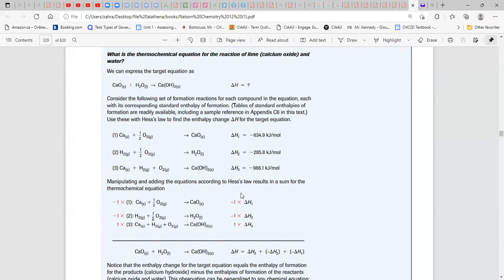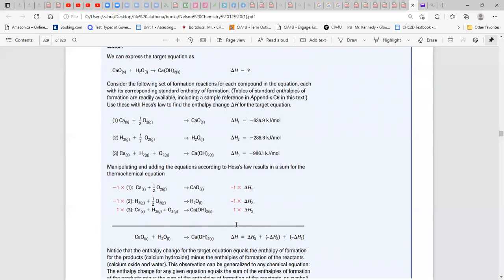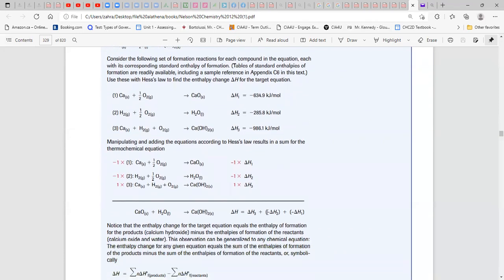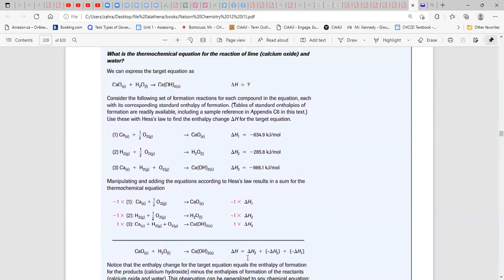Make sure when you do the change, you have to change your enthalpy here as well. Then you add them up. And see the addition is like that. Looking at that, the delta H of the reaction is the enthalpy of formation of the product minus the enthalpy of formation of the reactants: minus delta H2 and minus delta H1.